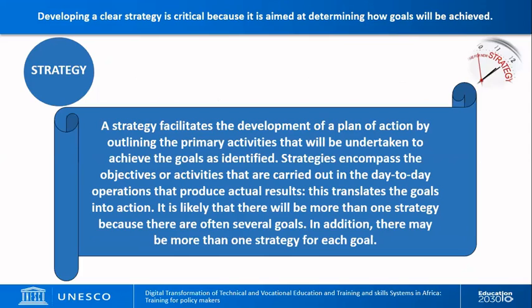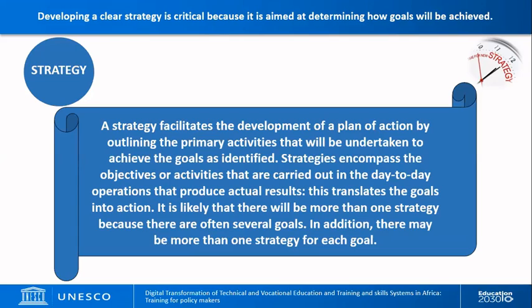Now, developing a clear strategy is critical also because it's aimed at determining how goals will be achieved. So far, we have looked at the vision, the mission statement, the objectives, and then we are looking at the strategy. After making all these other statements, you need to actually determine how you can achieve them.